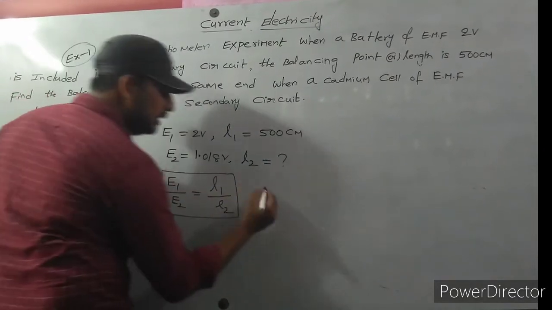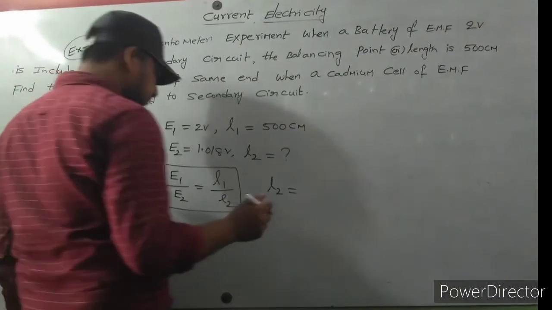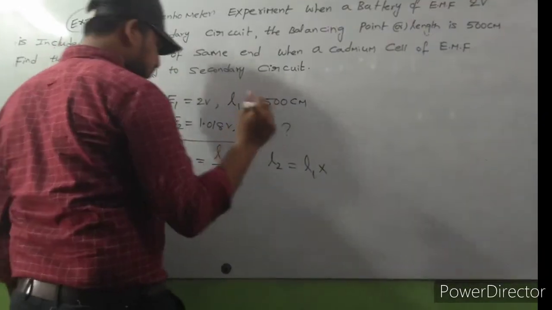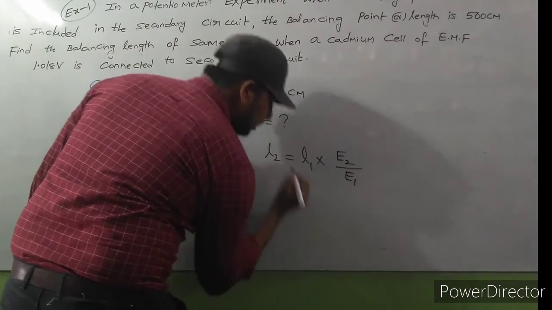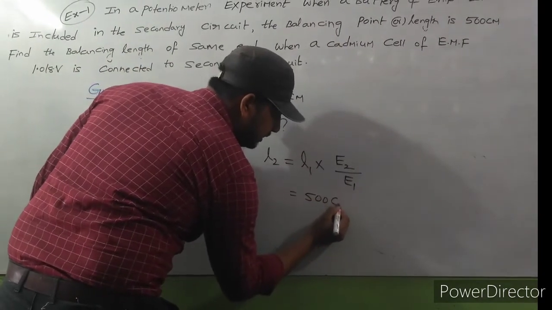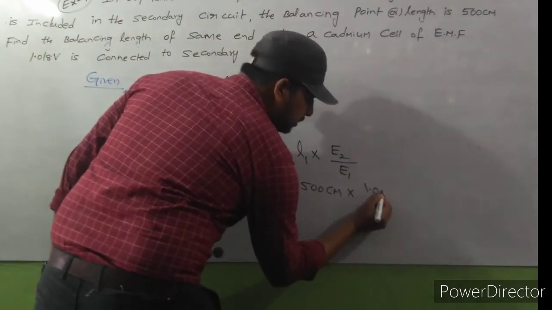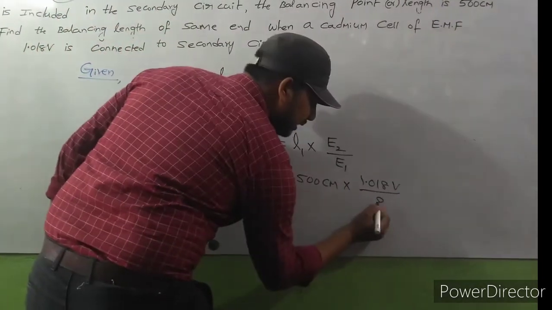From this formula, we will get L2 is equal to L1 into E2 by E1. What is L1 here? 500 centimeters, into E2 value, 1.018 volt, by 2 volts.